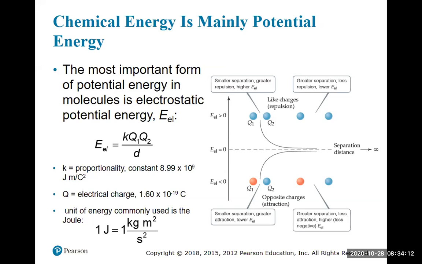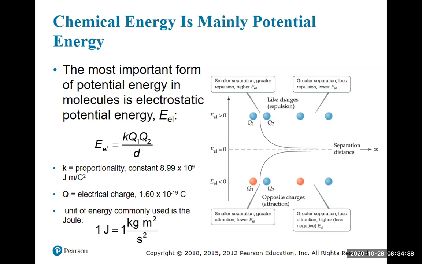Remember that k is a proportionality constant, 8.99 times 10 to the 9th. The key thing there is to remember the units, joules meters per coulomb squared. The Q values are just the electrical charge, and that's always going to be 1.60 times 10 to the minus 19 coulombs.